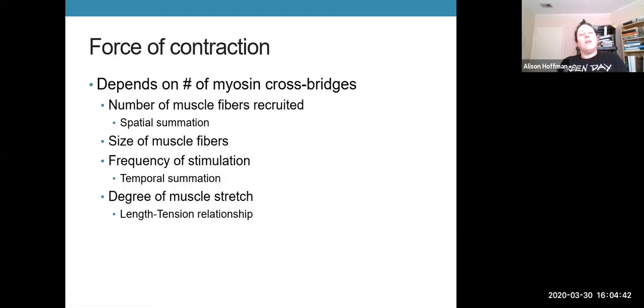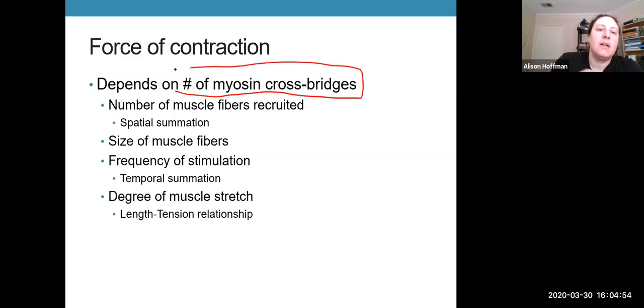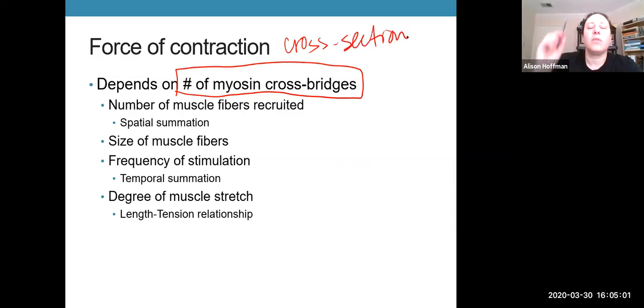Okay, so this kind of ties together the stuff that we talked about last time. So the total force of a muscle contraction ultimately depends on the total number of cross bridges, and that's going to typically be in cross section. So the total number of cross bridges that we are bringing to bear dictates how much force a contraction has.